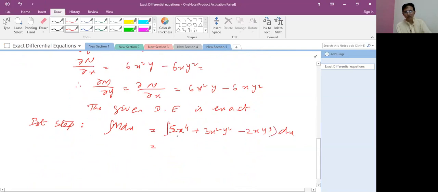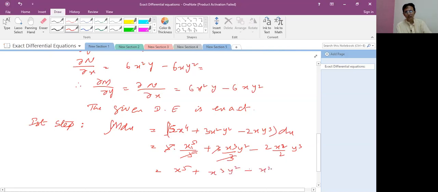Integrating with respect to x only: 5 times x^5 upon 5, plus 3 times x^3 over 3 times y^2 kept constant, minus 2 times x^2 upon 2 times y^3 constant. So the answer is x^5 + x^3y^2 - x^2y^3. This is called the integral of M dx.